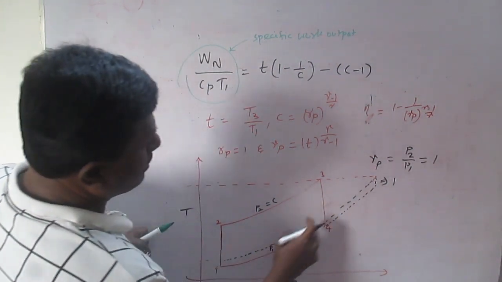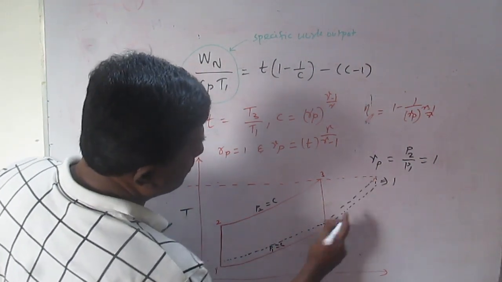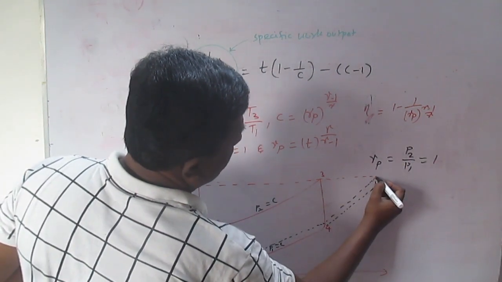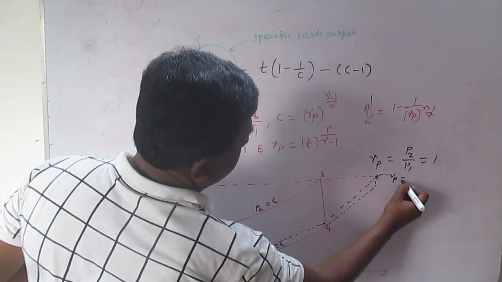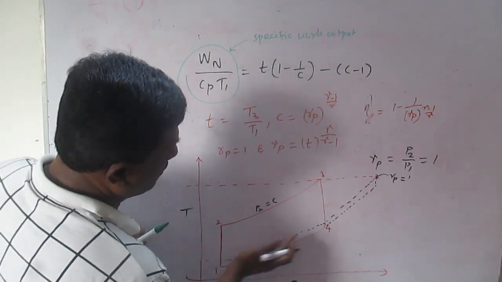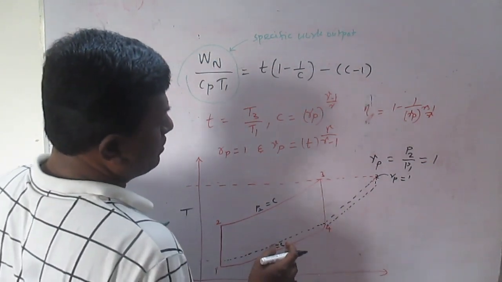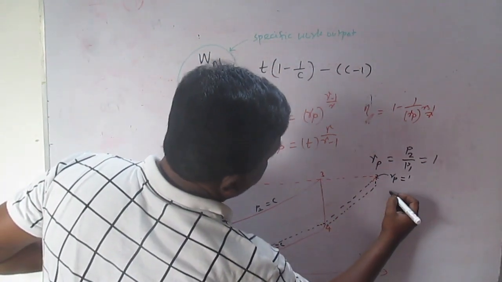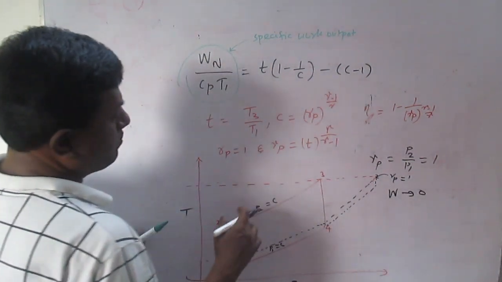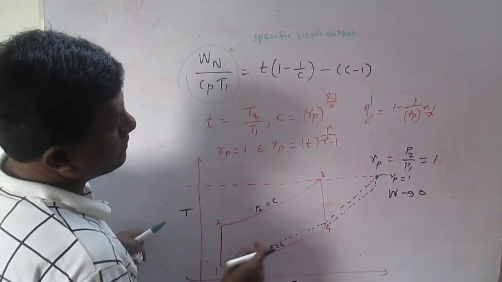When we say RP equal to 1, once this condition is achieved, we are indirectly saying W equals 0, because that is what we have seen from the previous curve, our specific work output curve.